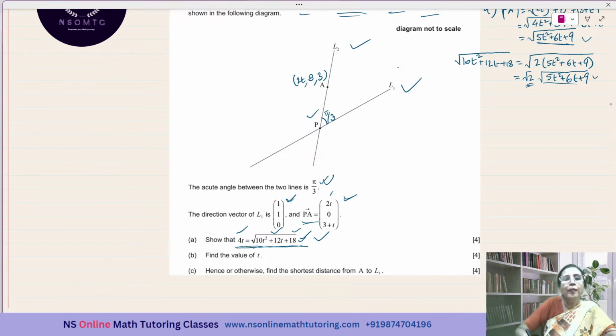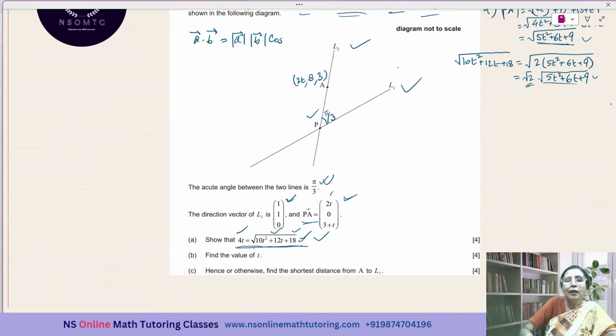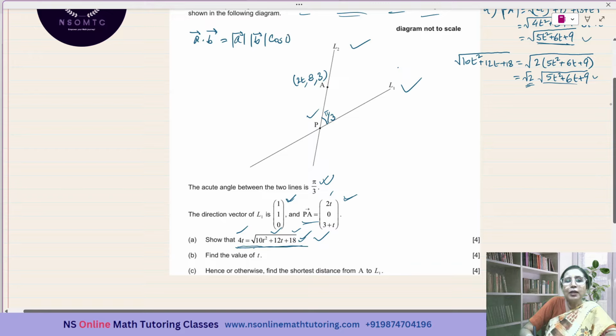Let me just write the expressions for the dot product and the cross product. This is the dot product expression for the two vectors A and B: the two magnitudes multiplied together times the cos of the included angle, and that included angle is an acute angle.